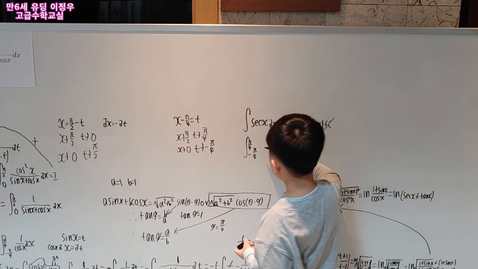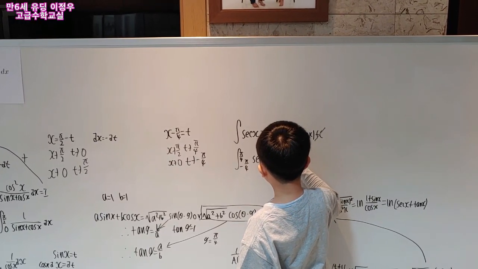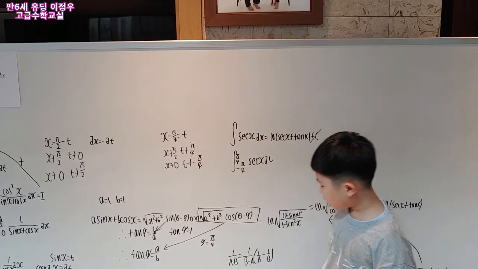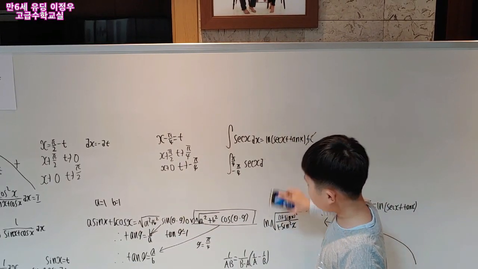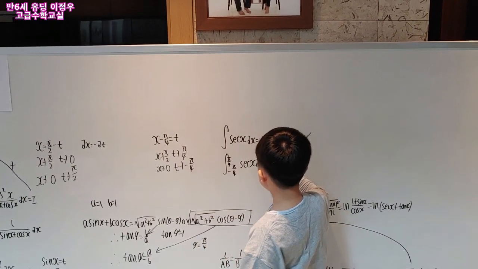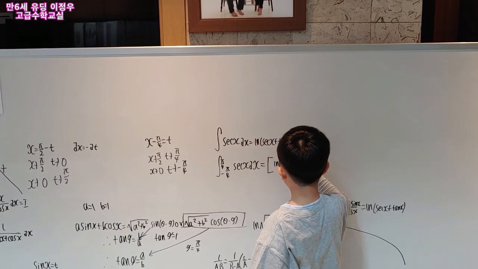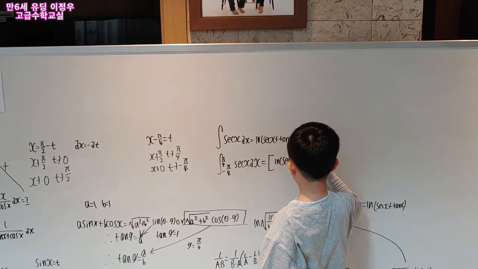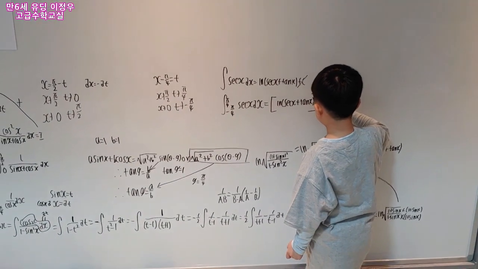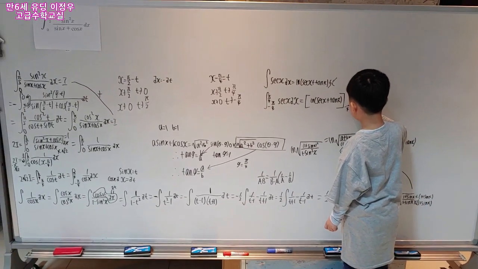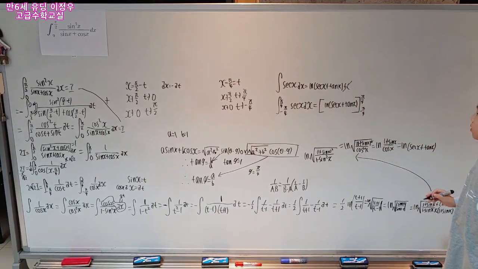So the integral from negative pi over 4 to pi over 4 of secant x dx equals ln of secant x plus tangent x, evaluated from negative pi over 4 to pi over 4.